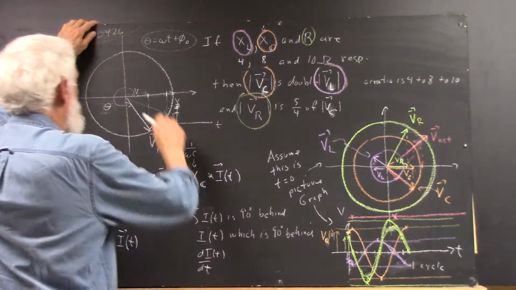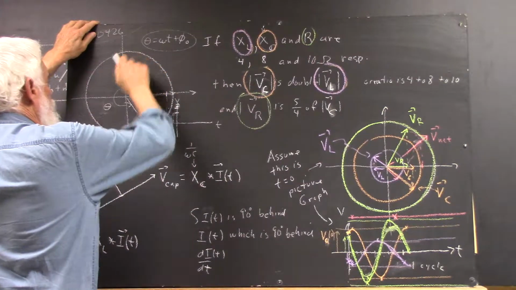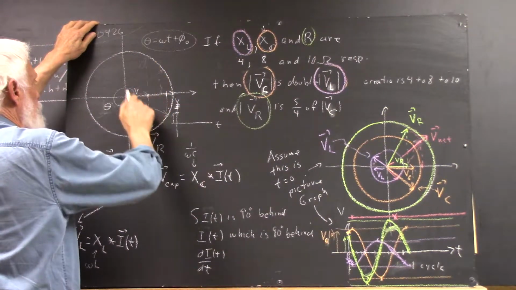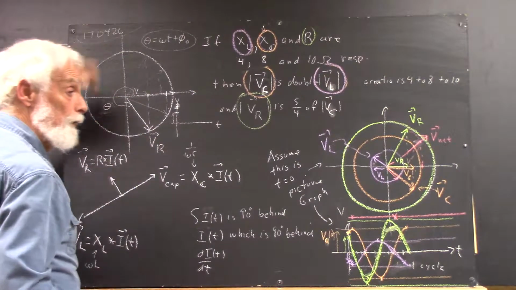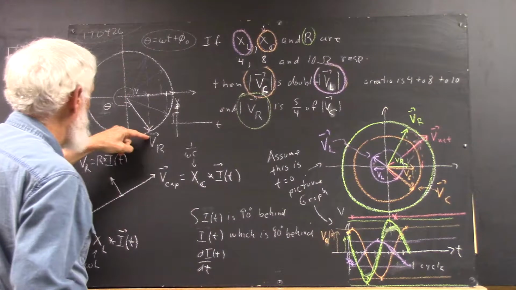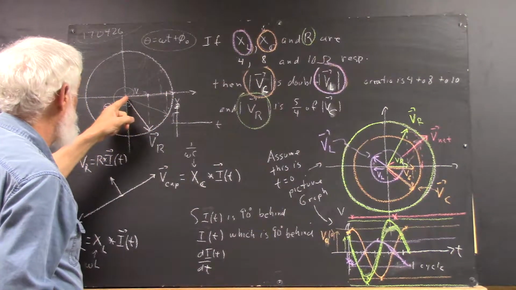Now we go a little further. Say we go here and here and here. What happens? Well, V gets shorter and decreases to 0. So our V, starting here, starts at this, gets bigger, and then decreases back to 0.